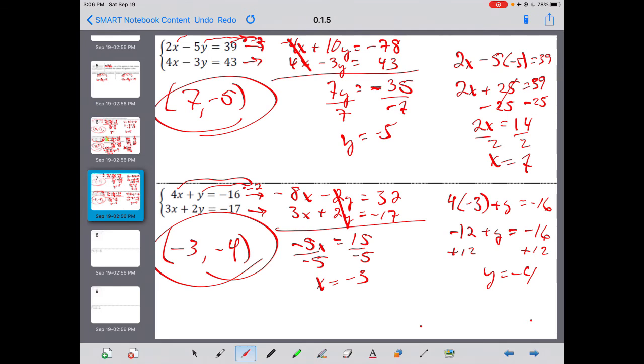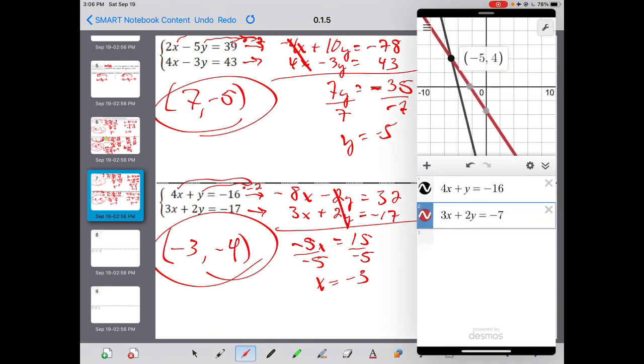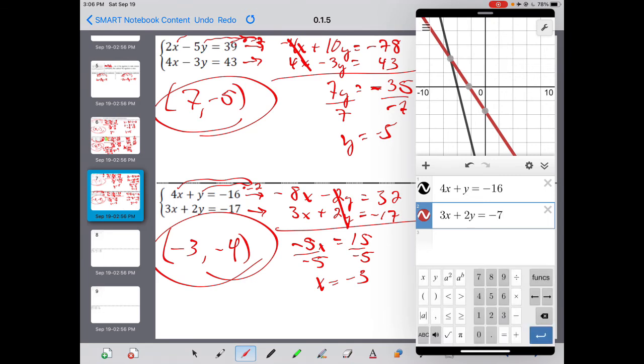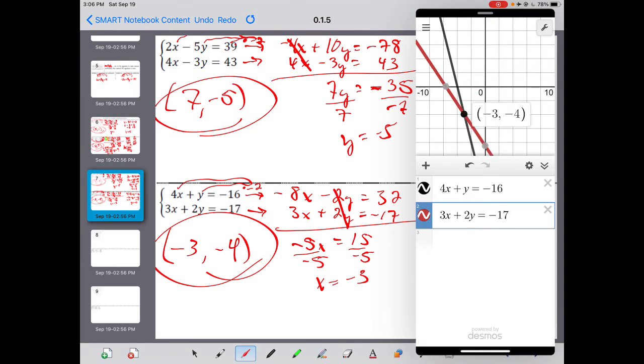Negative 2. Yeah. I get negative 3. Did I type my equations wrong? 3x plus 2, oh, negative 7. Hello. And there we go.